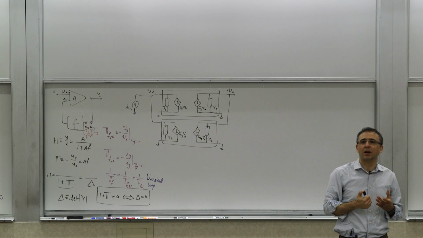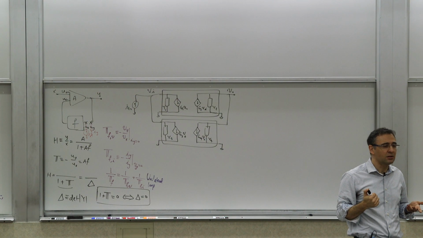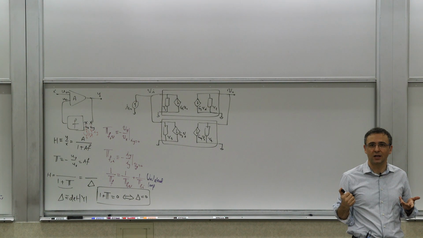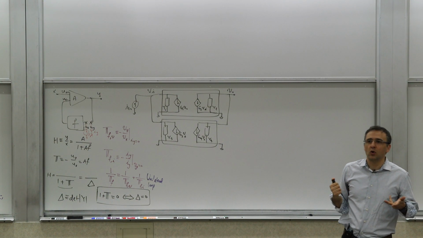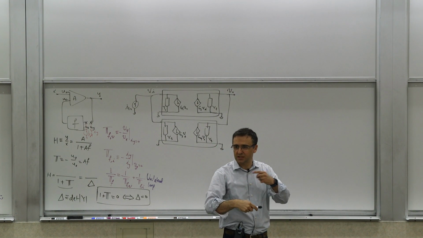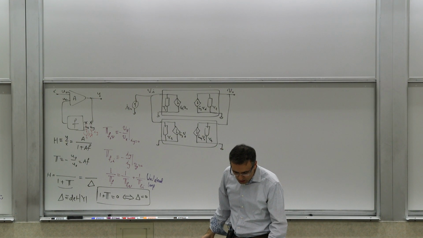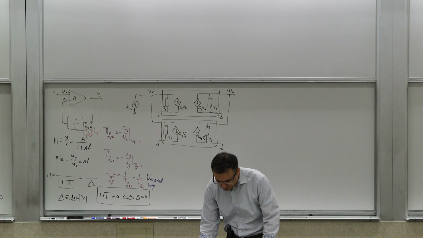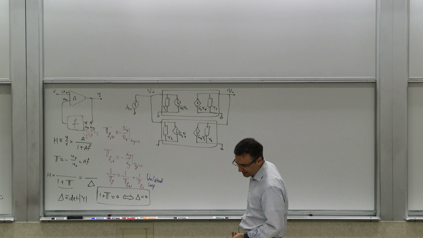So if you set G1 or G4, or either one of them to 0, your loop becomes unilateral. So the loop is bilateral if you have all 4 of these, because the signal can flow in both directions in general.